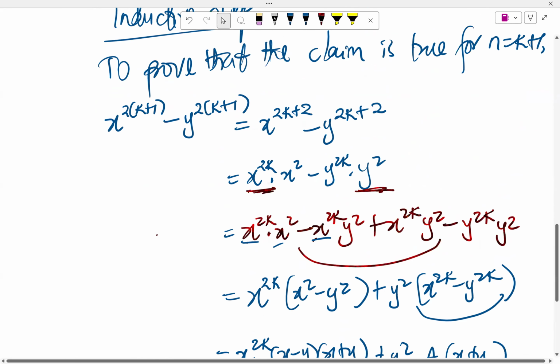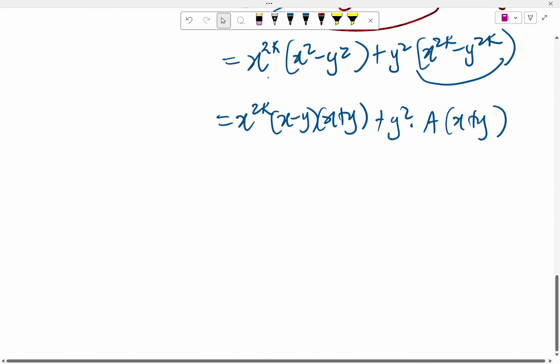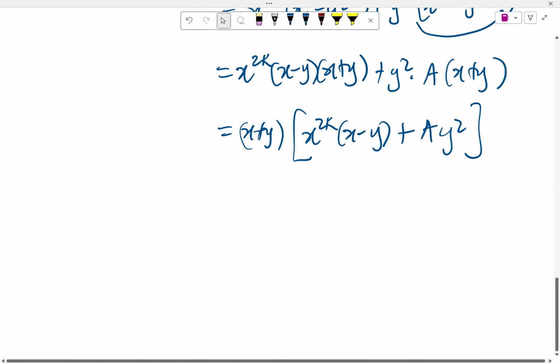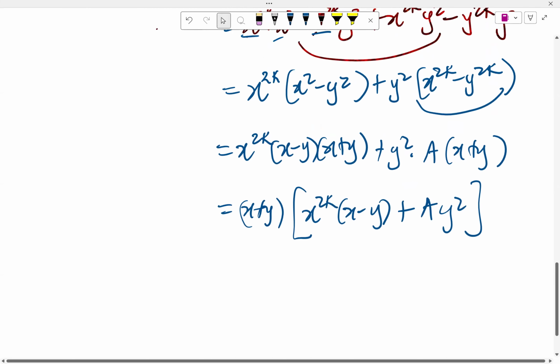So we just invoke that now. So x plus y is now common. So you have x plus y out here into x raised to power 2k into x minus y plus a y squared. Every other thing inside, we don't have a problem with.